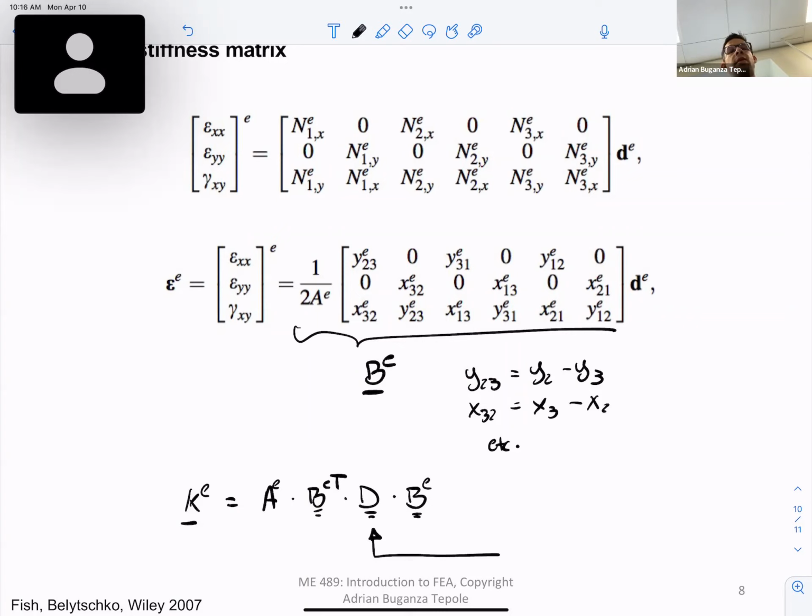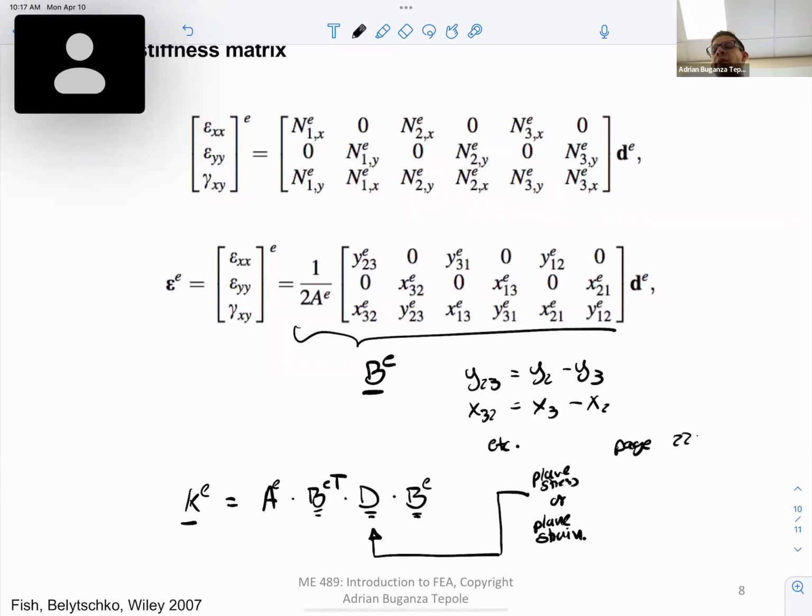One sec. This D matrix depends on whether it's a plane stress problem or a plane strain problem. For 2D, I don't know if you've done both of them in the lab. Yeah, it's on page 223 of the book.